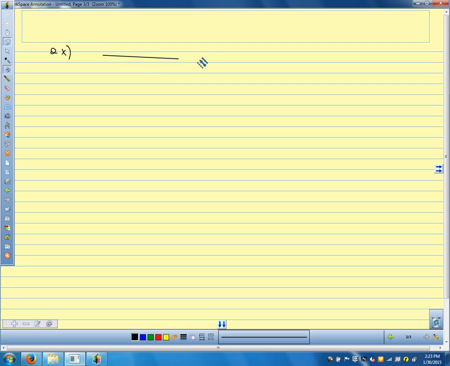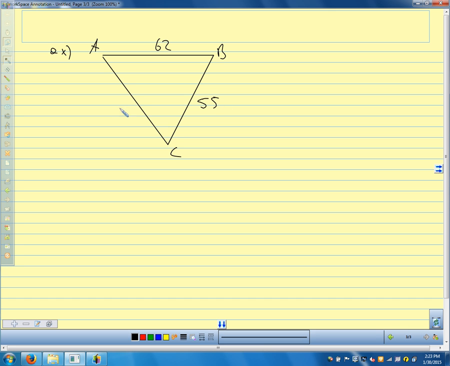So here's my triangle, not drawn to scale. So we have to believe what the diagram tells us, not what my picture looks like. Which angle is largest?